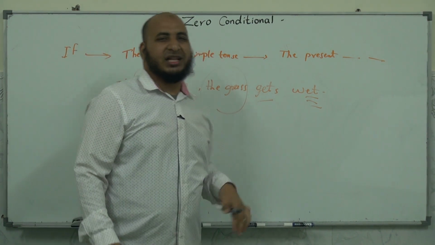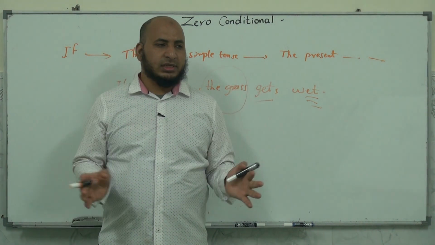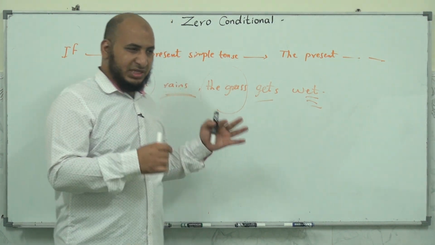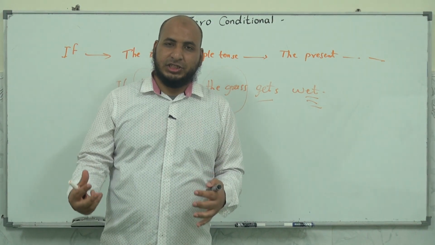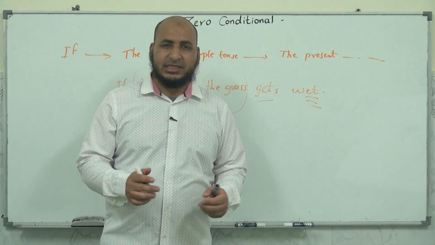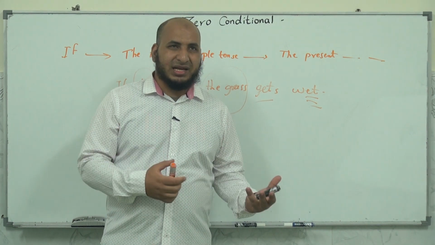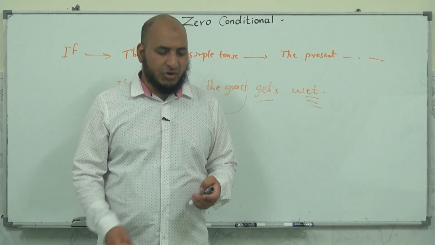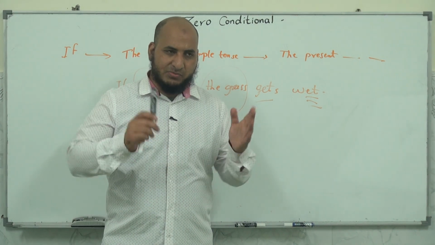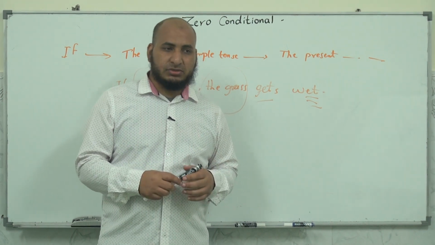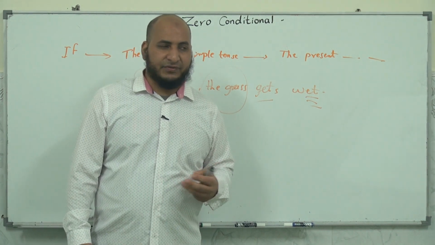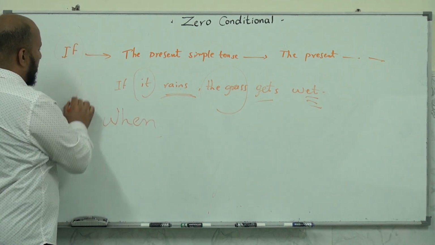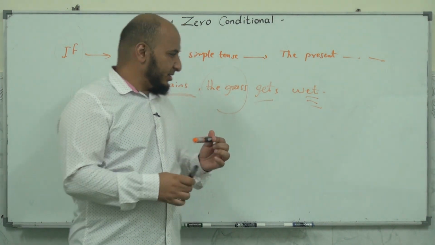So, the zero conditional, again, you can say all what we explained about the present simple tense: singular pronoun, he, she, it, Ahmed, Muhammad, my father, or any singular noun plus verb with es, s or ies, and the plural pronoun, they, we, you, or I plus verb infinitive and so on, and you can use when instead of what? If.